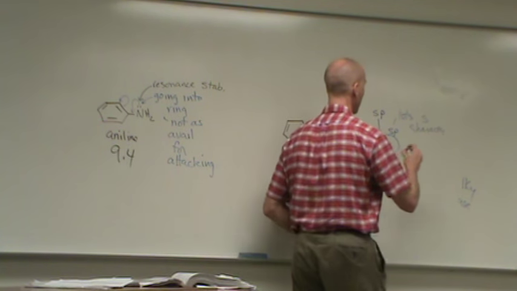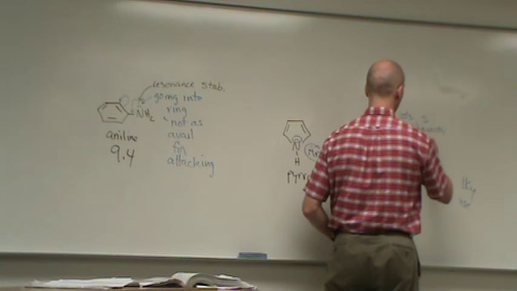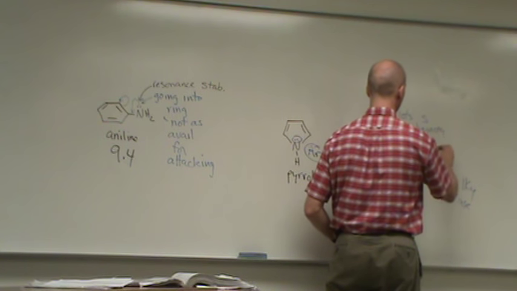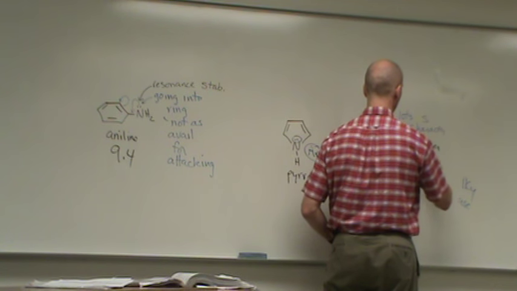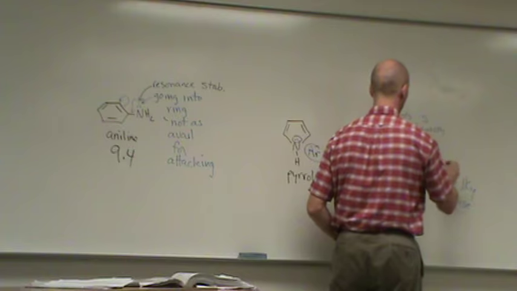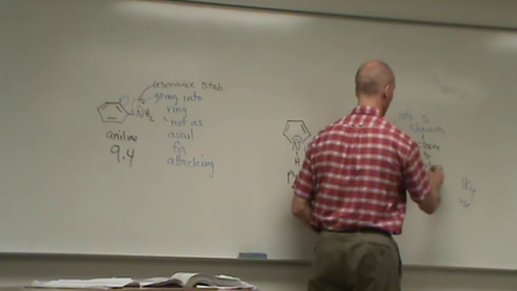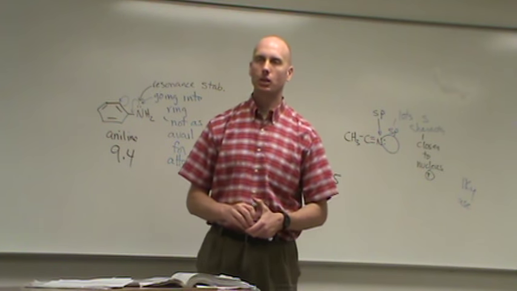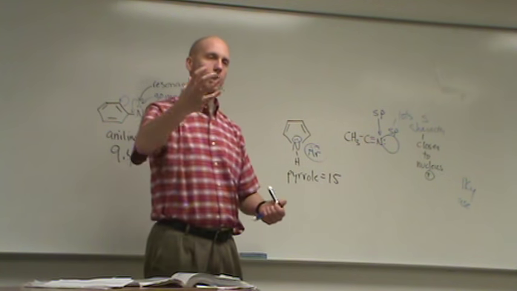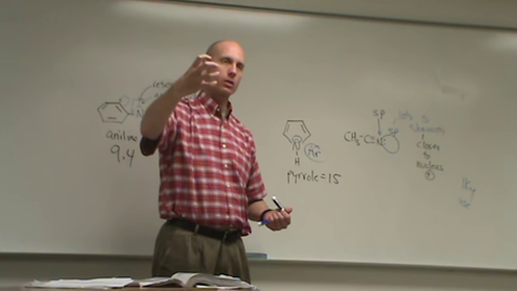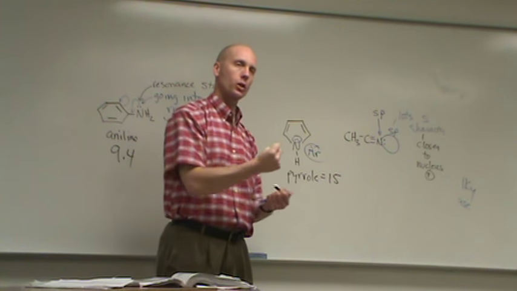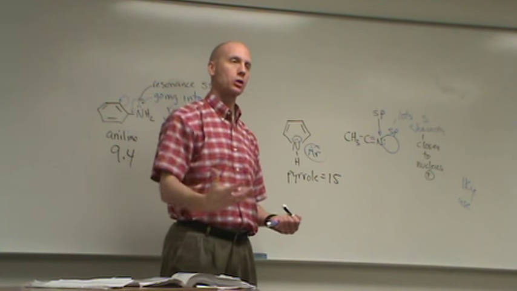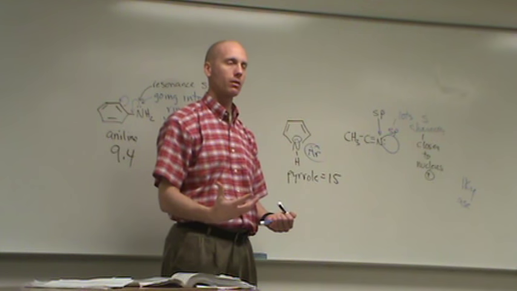And the more s character I am, the closer to the nucleus I am. Remember that the nucleus is positively charged, so those electrons will be what? Very glued to the nucleus, so they won't be as available, okay?